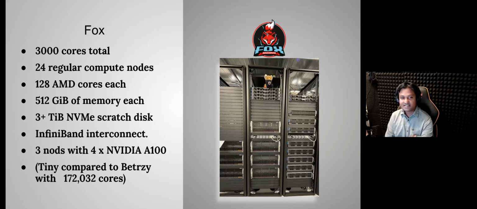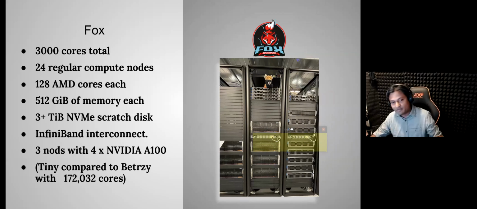Fox is a very small cluster compared to the other Norwegian clusters we have. It has 3,000 cores. For example, a normal laptop would have 4 to 8 cores. It has 24 regular nodes, as we call them, which are slightly different from a regular computer.